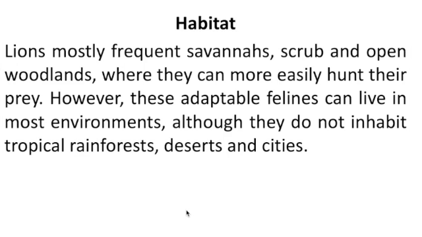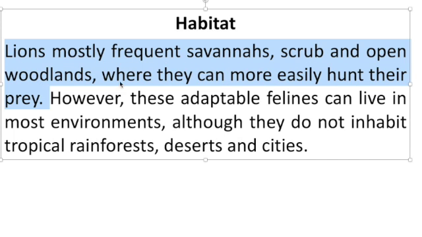So let's take a look at what we've got here. Let's look at our first sentence. Lions mostly frequent savannas, scrub and open woodlands where they can more easily hunt their prey. The they means the lions. So you wouldn't say lions mostly frequent savanna, scrub and open woodlands where lions can more easily hunt their prey.